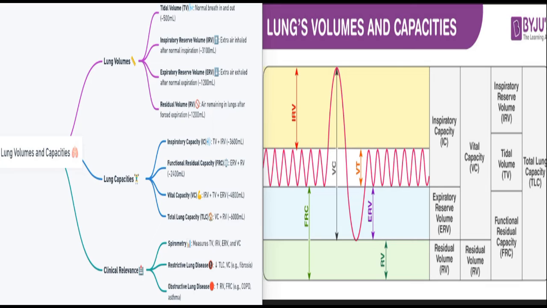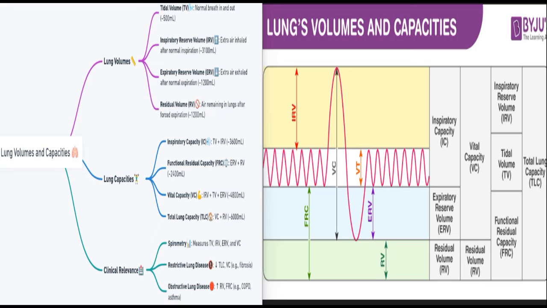But if your forced vital capacity is less than the lower limit of normal, and the total lung capacity is also less than 80% predicted, then it could be mixed obstruction and restriction.